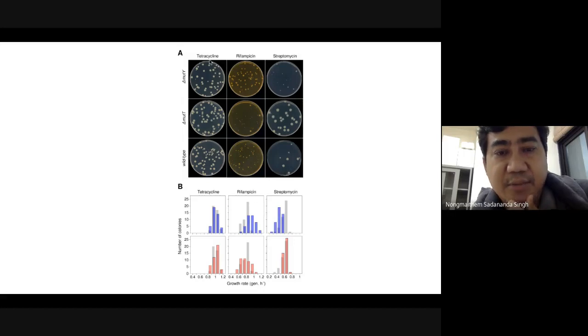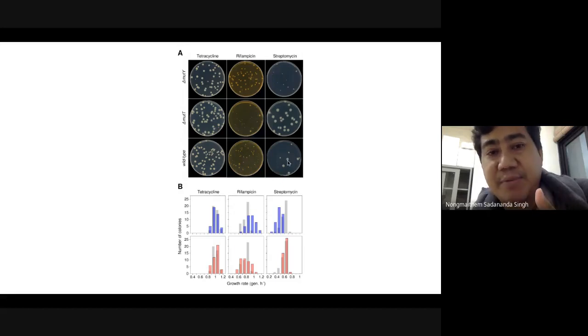So in the case of tetracycline, if you look at it, wild type, deletion of mutT or deletion of mutY, there is hardly any change in these three strains. But if you look at rifampicin, what you see is that the mutY mutant is much more mutagenic as compared to wild type.